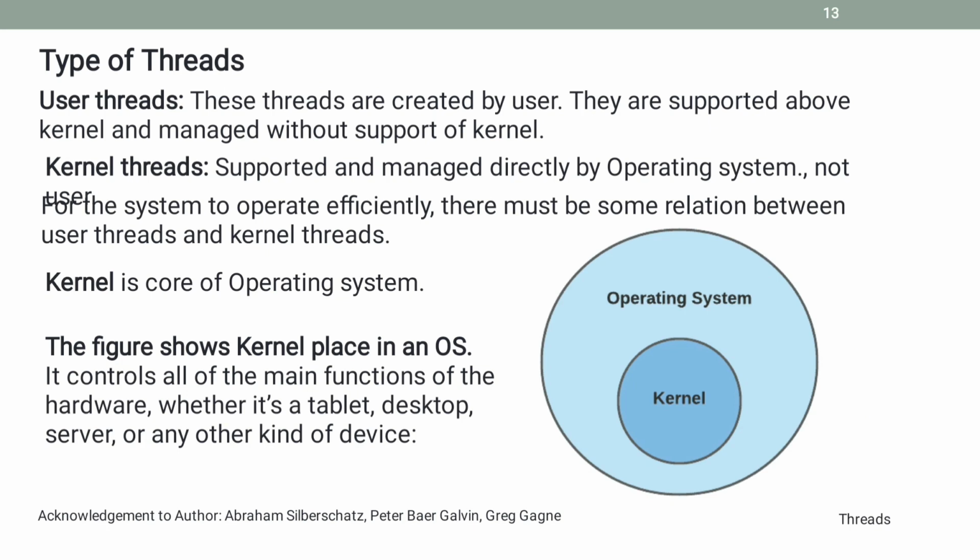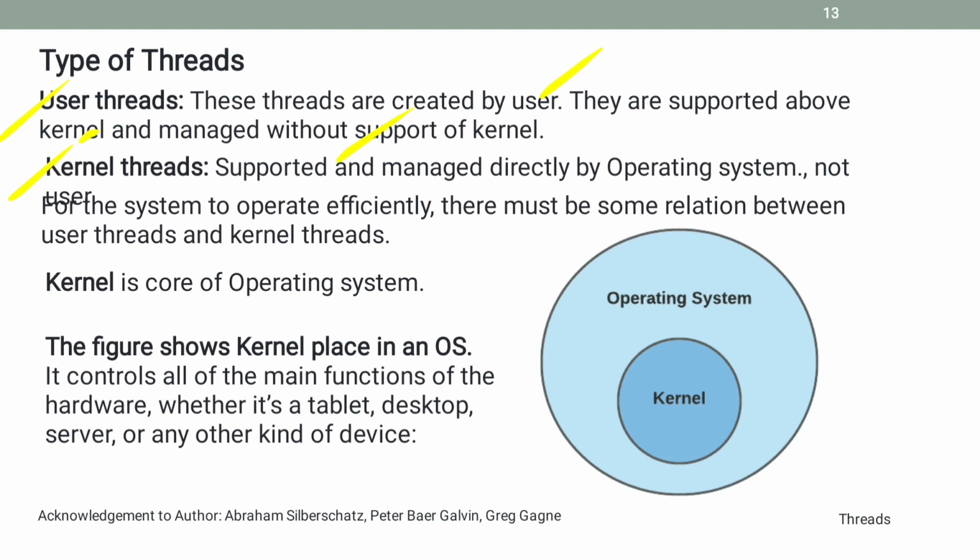Thread is a unit of execution inside a process. It can also be called a flow of control inside the process. There are two types of threads, user threads and kernel threads. User threads are created by the user and they are supported above the kernel. They are managed without support of the kernel.